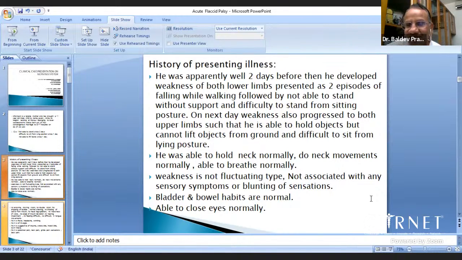No problem. Now he has provided the information, Tushar. How will you interpret it? He said apparently well. Bhargav, what do you mean by apparently well? I think this is very common, our method of giving the history. But what do you mean by apparently well?